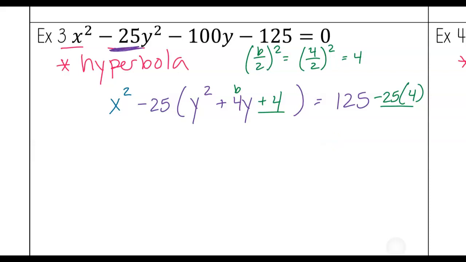Let's do purple. Bring down my x squared, bring down my negative 25. How do I complete the square for the y quadratic?